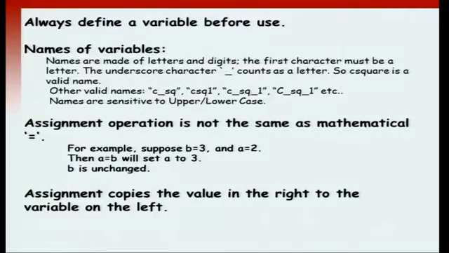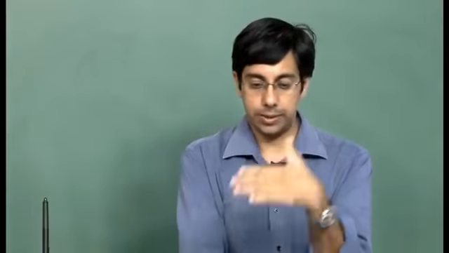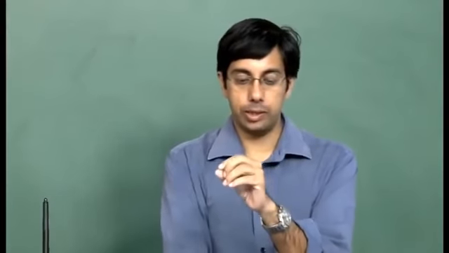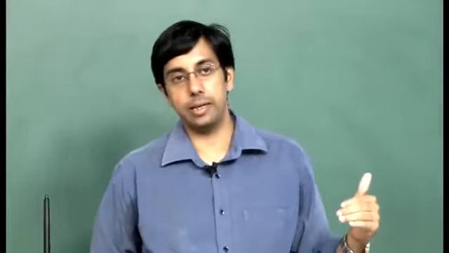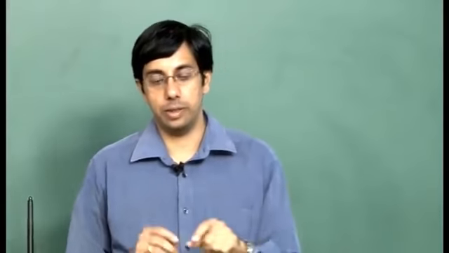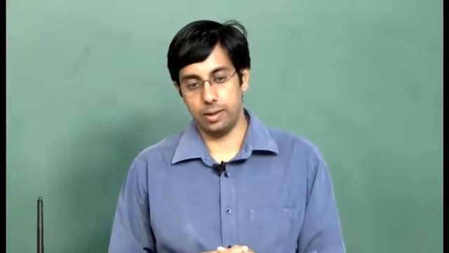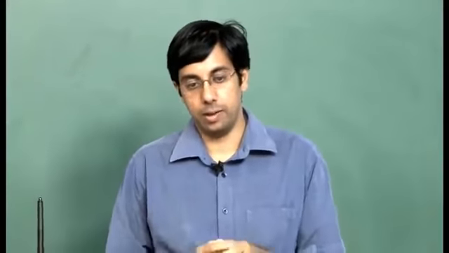Okay. A few final words about variables. Just like in a cooking recipe, you will never mention a step which involves an ingredient without mentioning that ingredient is needed in the first place. Okay, so you will never say use salt, and if you look at the list of ingredients, you see that there is no salt in the list.